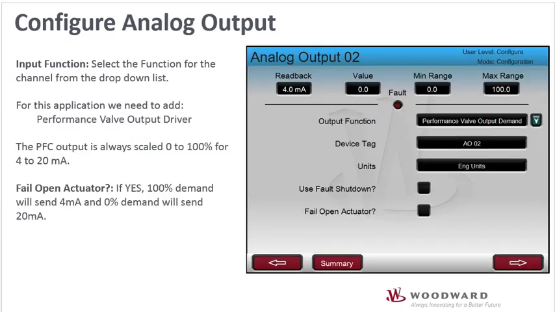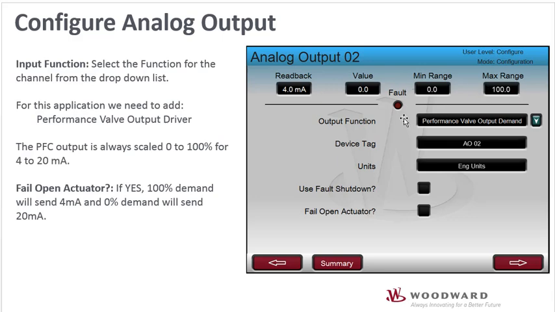We also need to configure an analog output to drive the throttle valve. So when you configure the particular channel that you want to put the performance output on, the scaling is automatically fixed to 0 to 100. So this would be your minimum position and maximum position on the throttle valve.